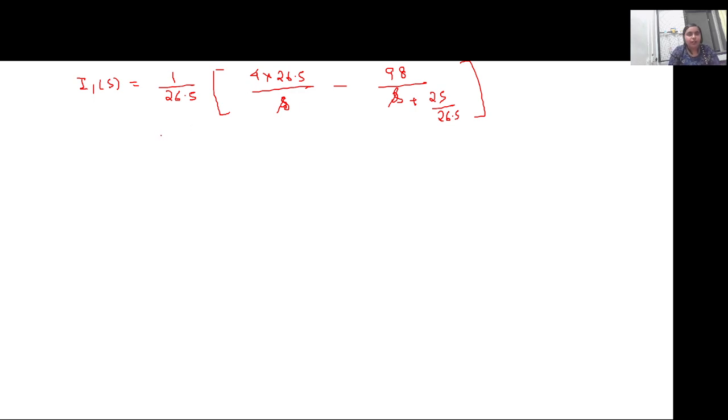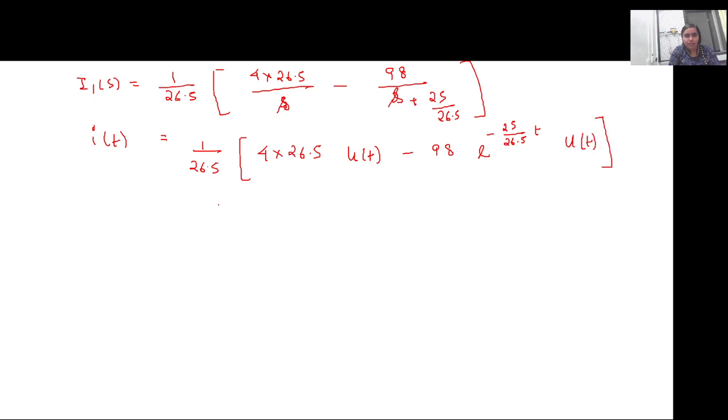Okay. Now if you take a Laplace inverse, it is 1 by 26.5. So 1 by s is u of t, right? And 1 by s plus a is e to the power minus at into u of t. This is the expression.